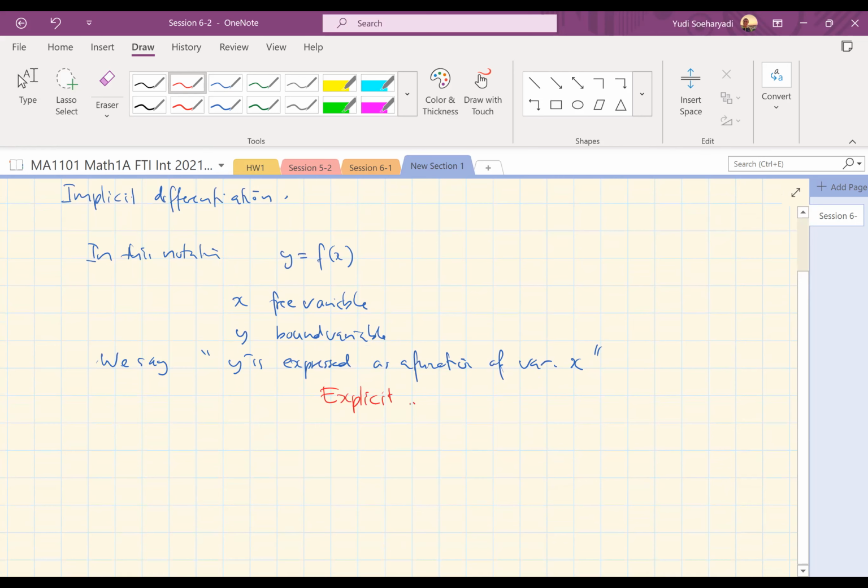When we write something like this, f(x) equals x squared sine cubed plus x plus 7, something like this, this is explicit.